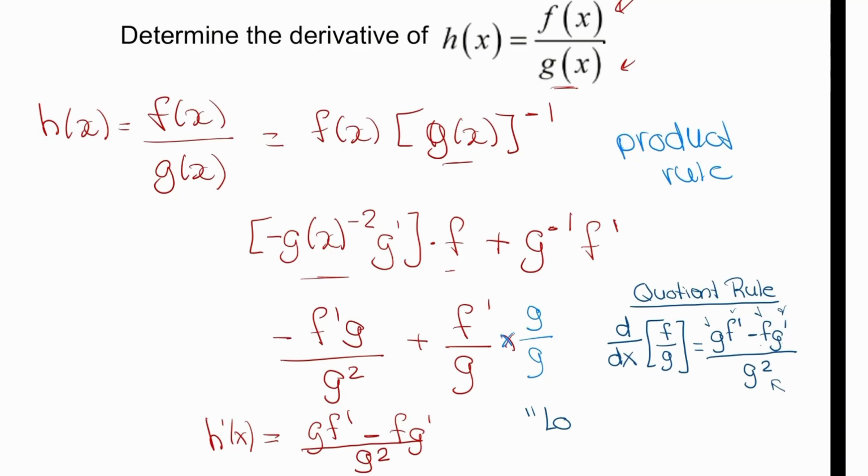So we have low d high, our bottom times the derivative of our top, minus high d low. So this is our top times the derivative of our bottom. And then that's all over low, low. Your new rule to live by.